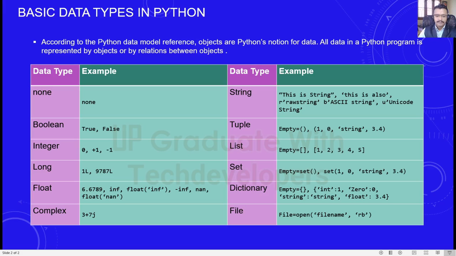So these sets and dictionaries are also a type of mutable objects. Sets can be mutable and dictionaries can be mutable.